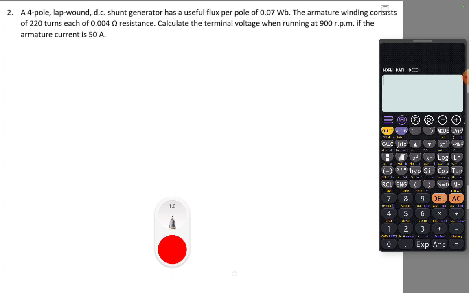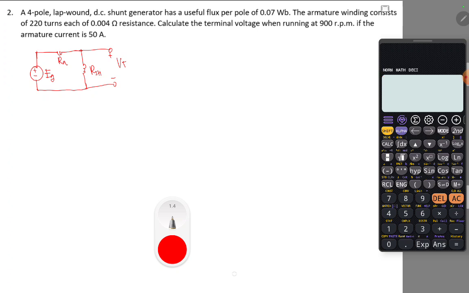Okay, so first things first, as I have said, is to draw the circuit diagram. So this is our positive, negative EG, which is unknown, and then of course our RA, and then our RSH, because this is a shunt generator, and of course our terminal voltage, which is our VT, positive, negative VT.